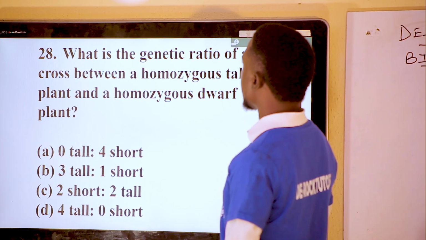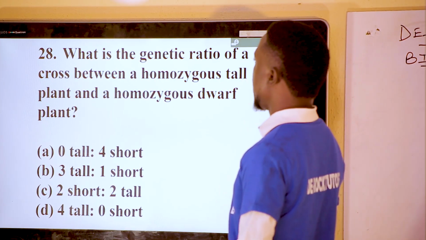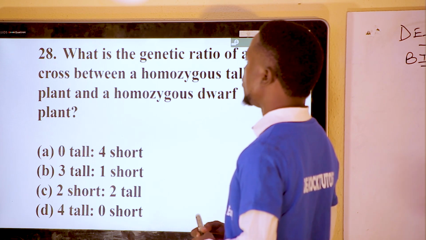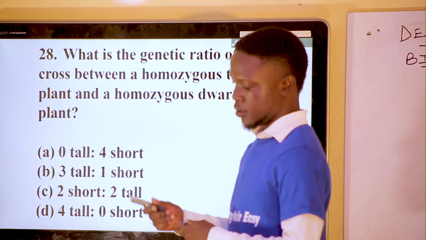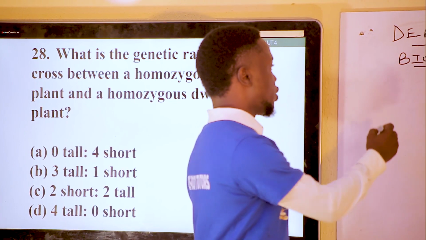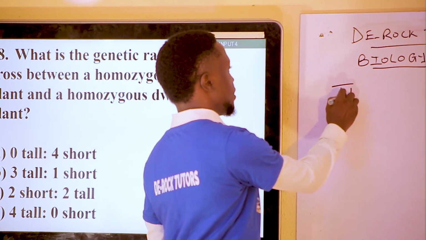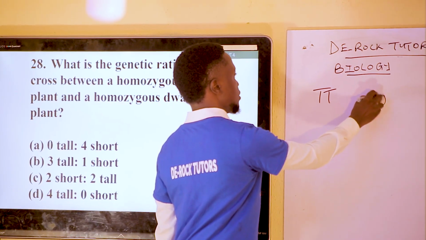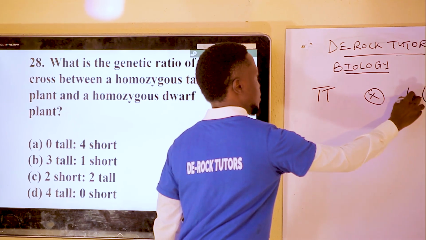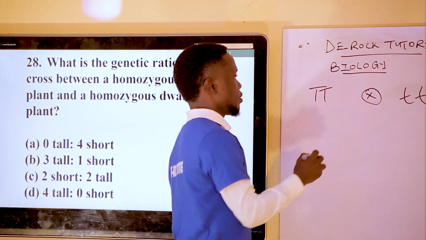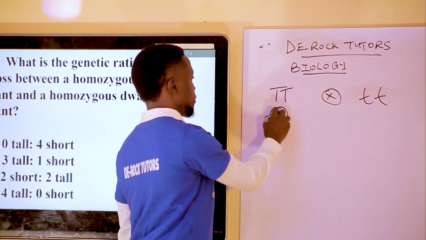What is the genetic ratio of a cross between a homozygous tall plant and a homozygous dwarf plant? So homozygous tall plants is capital T T and homozygous dwarf plants small letter t t.